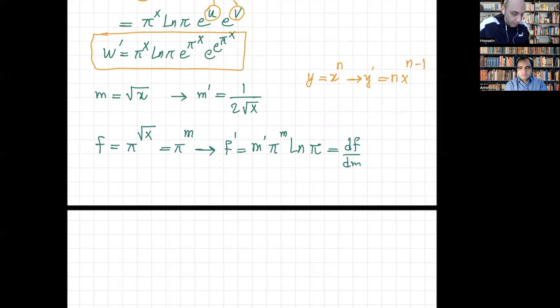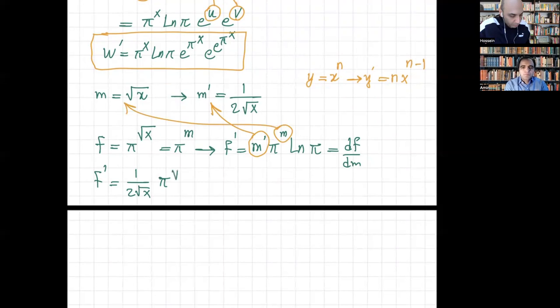And at this point, I'm going to replace the m prime, which I obtained up here. So f prime is equal to 1 over 2 square root of x, pi to the m. M, I have it here.